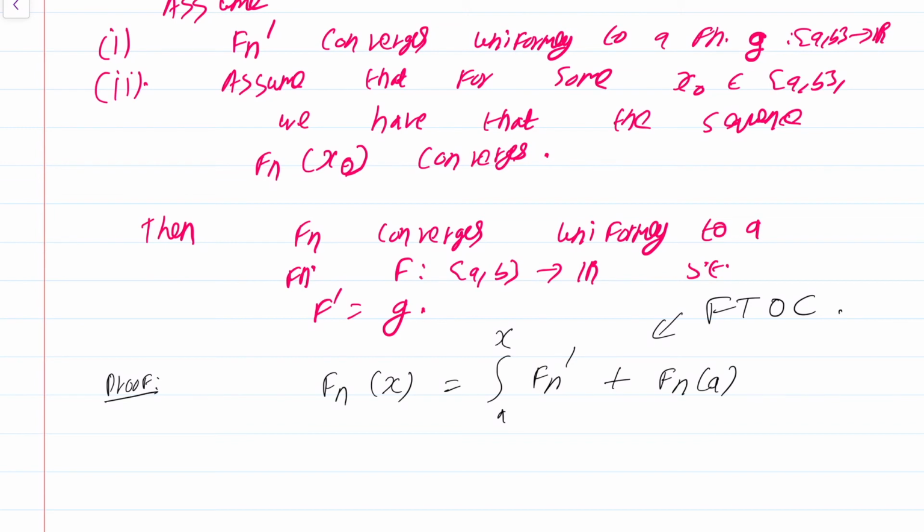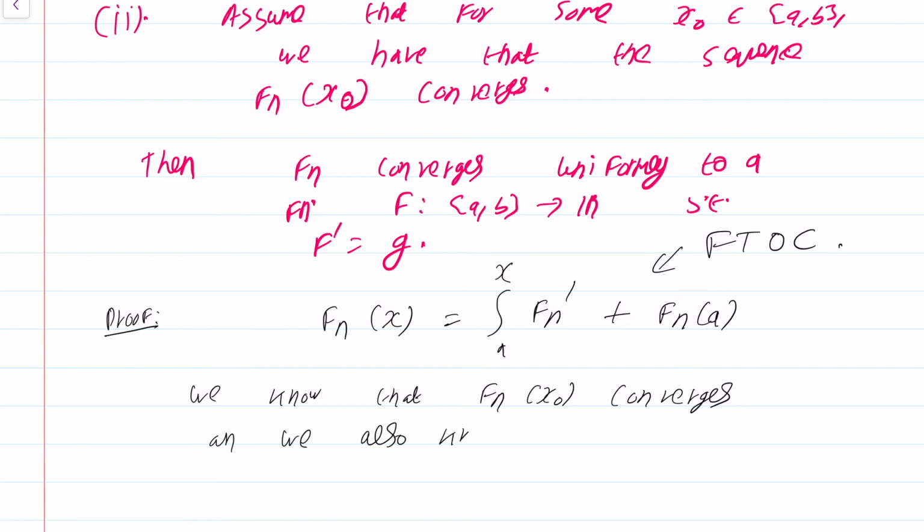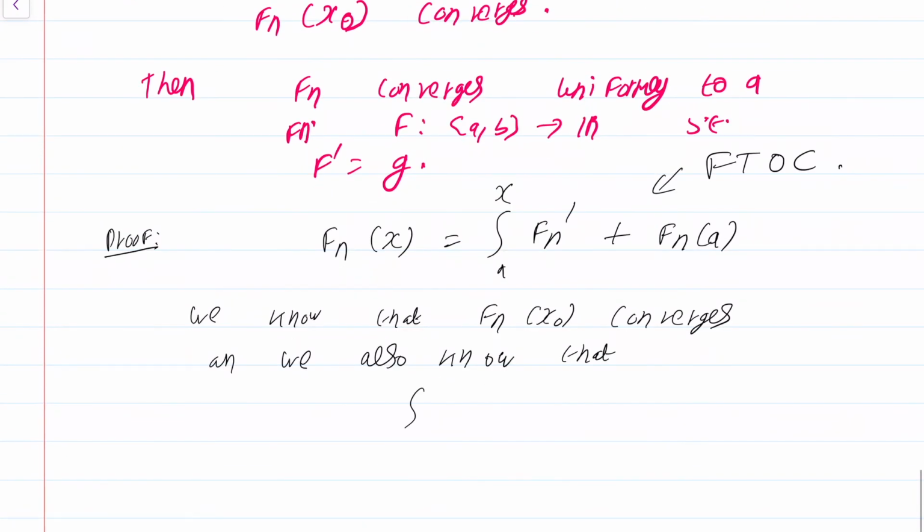Well, we know that f_n(x_0) converges, and we also know that the integral from a to x of f_n prime converges. Note x is fixed.